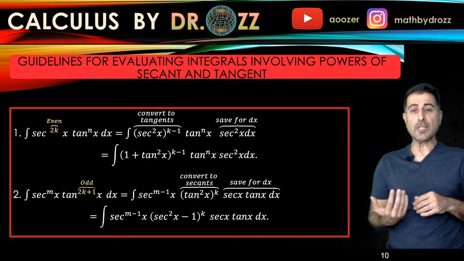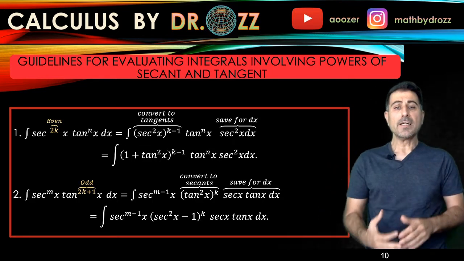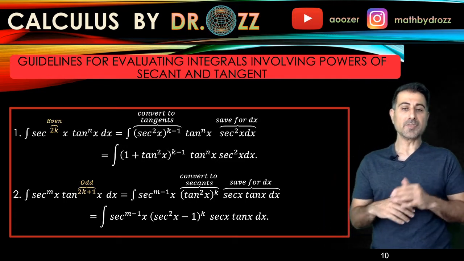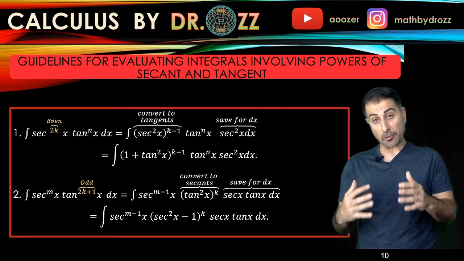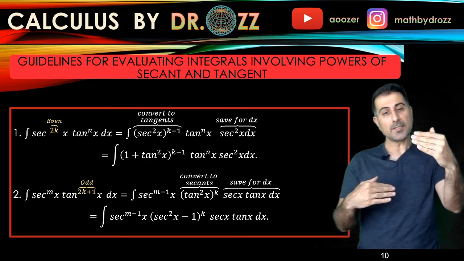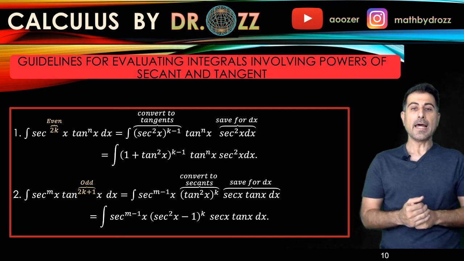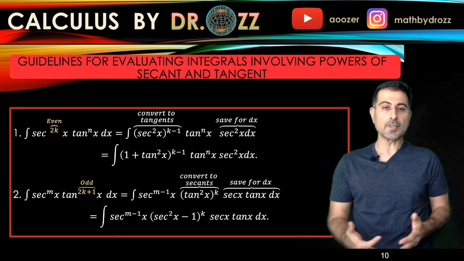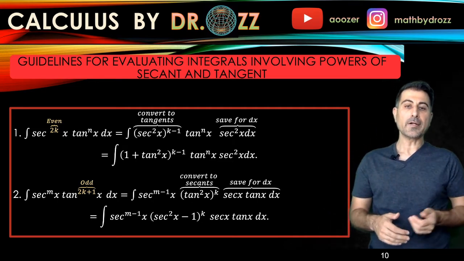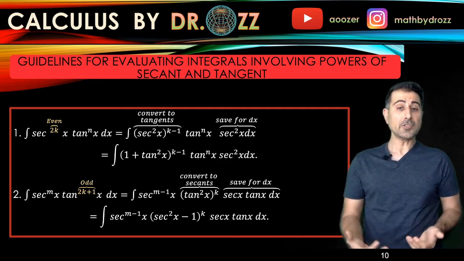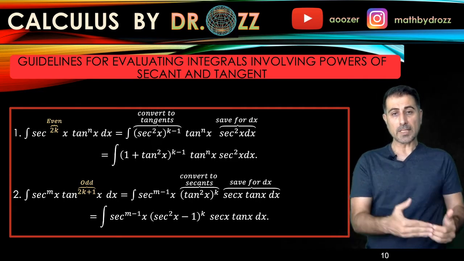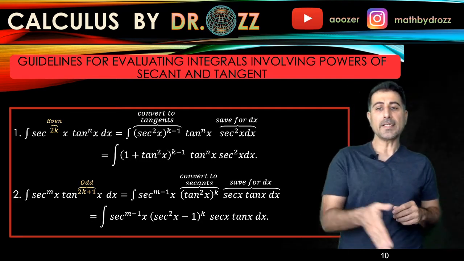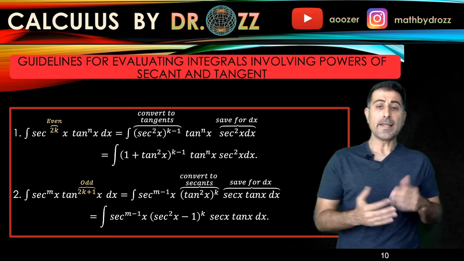When you see a situation like that, you're going to save one secant squared x for dx, and with the leftover powers of secant, you write that term as secant squared raised to whatever power it corresponds to, and you use the Pythagorean identity that secant squared equals 1 plus tan squared. Starting from there you can call u tangent x, and this problem turns out to be a u substitution problem. In another scenario, you have secant and tan, but tan is raised to an odd power.